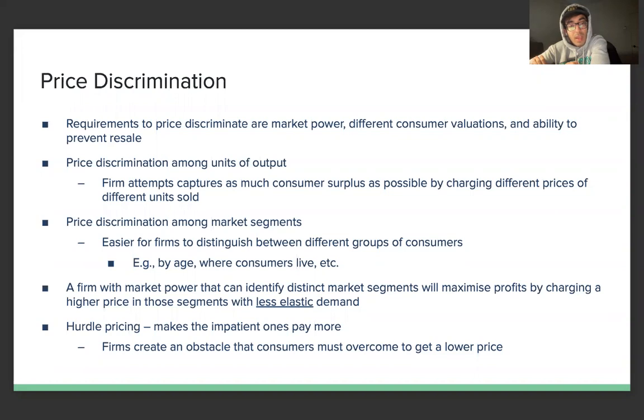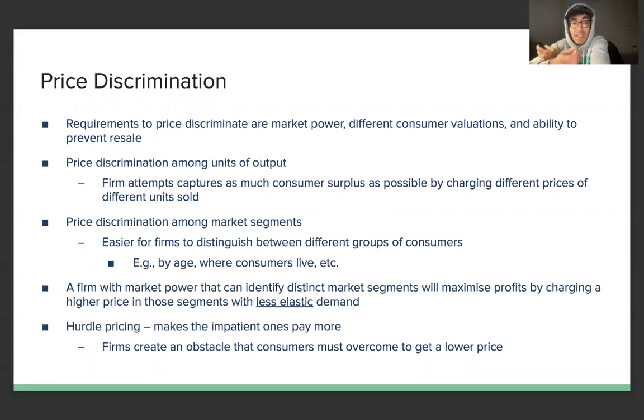And then a firm with market power that can easily identify different market segments can maximize profits by charging a higher price for those segments where the consumers are not that sensitive to price, which is saying the demand elasticity is less. And then hodl pricing is basically, if you're an impatient consumer, it's going to make you pay more.